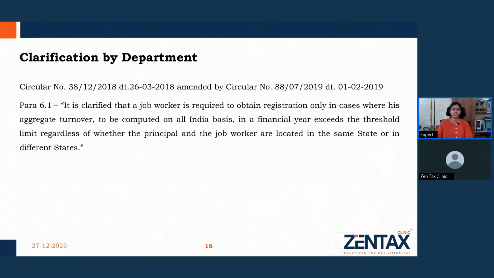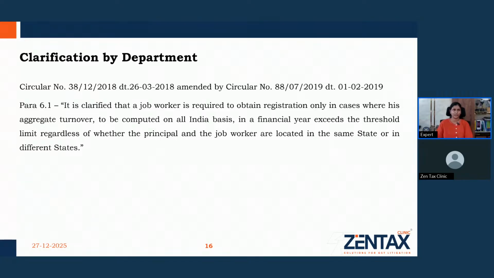It is also further clarified in circular number 88/7/2019 dated 1/2/2019. In para number 6.1, they have mentioned, it is clarified that a job worker is required to obtain registration only in cases where his aggregate turnover to be computed on an all India basis in a financial year exceeds the threshold limit, regardless of whether the principal and job worker are located in the same state or in different states.